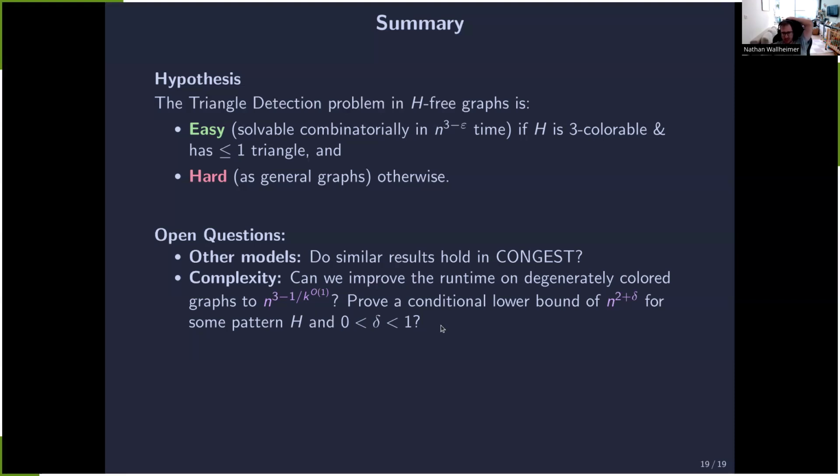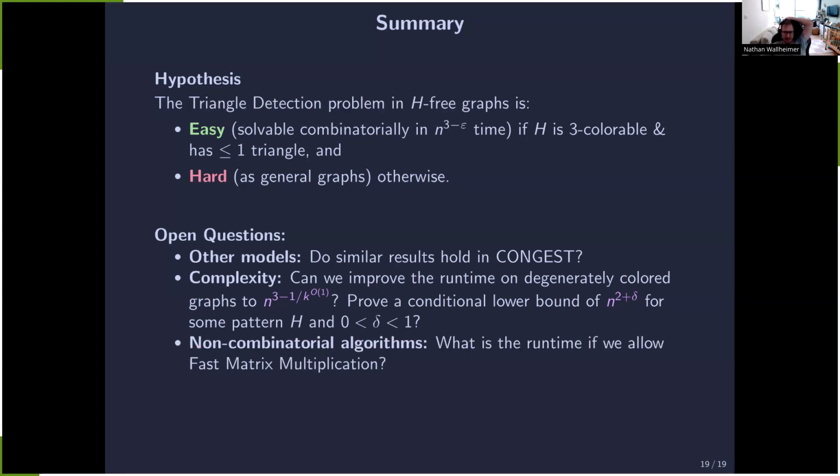Or can we get a conditional lower bound that is non-trivial, that is not quadratic, not cubic, to get an exact running time, say. And also there is a question, which is interesting for non-combinatorial algorithms. If we allow fast matrix multiplication, can we, for example, get n squared time?